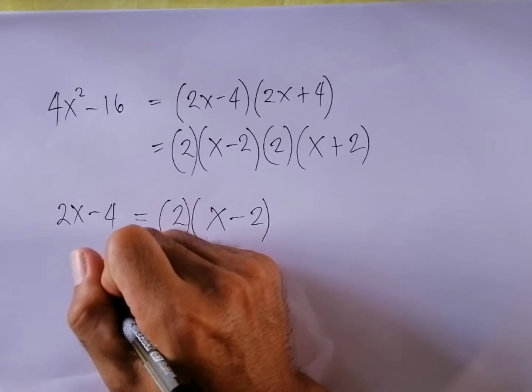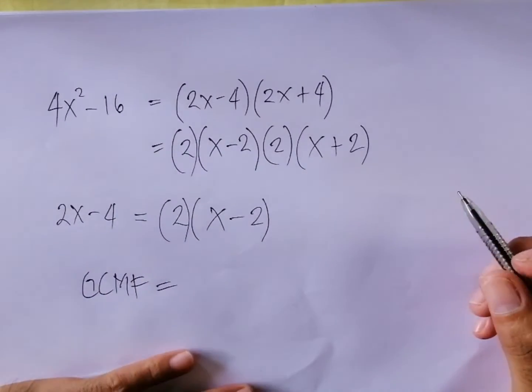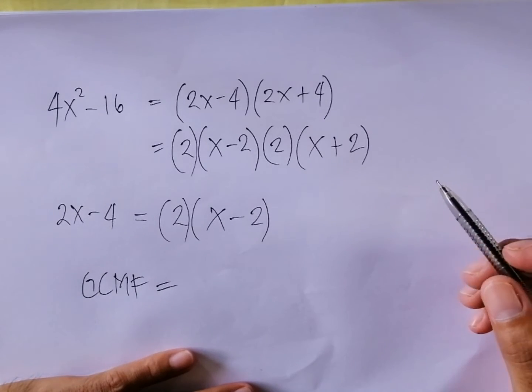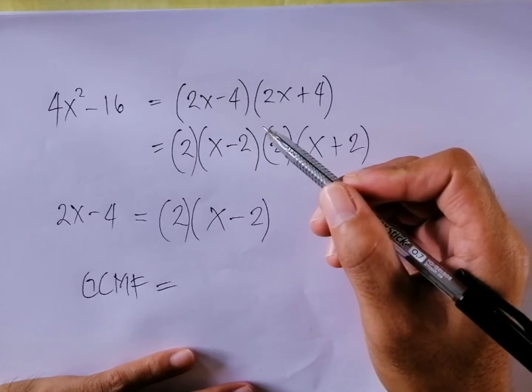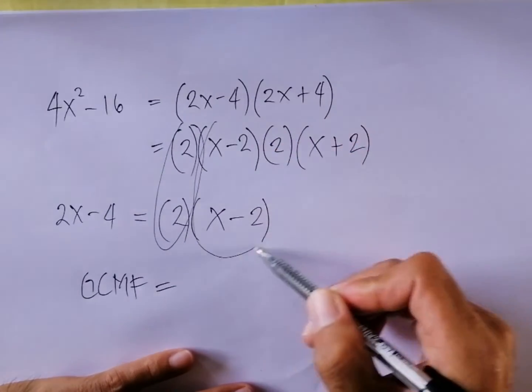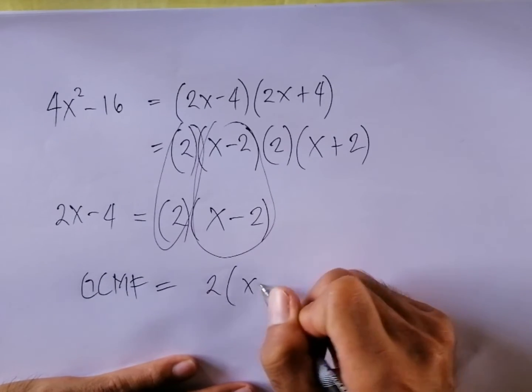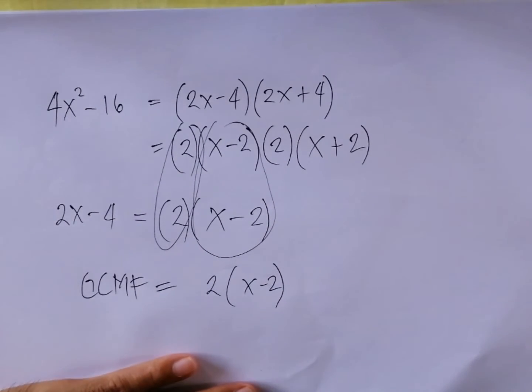The greatest common GCMF is equal to 2 times x minus 2.